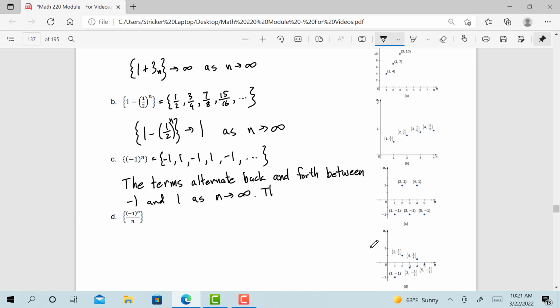So we can say the sequence diverges, since it doesn't converge on a single value. You can see that in the graph, those dots hop back and forth.